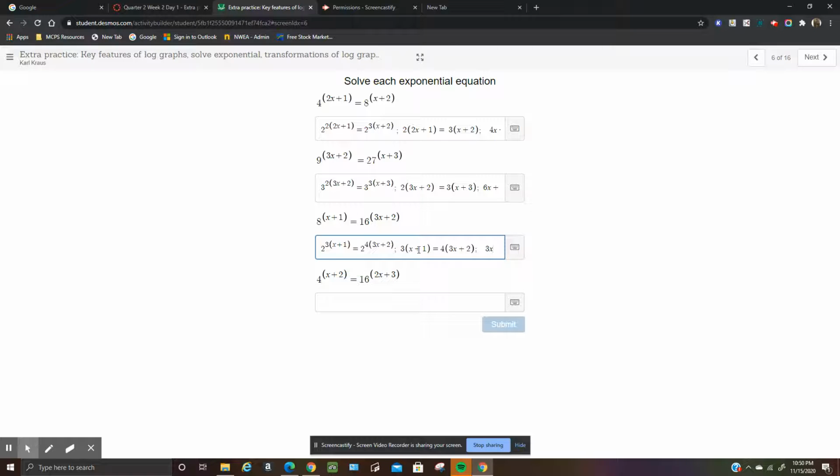So 3x plus 3 equals 12x plus 8. And then subtracting 3x. So 3 is equal to 9x plus 8.